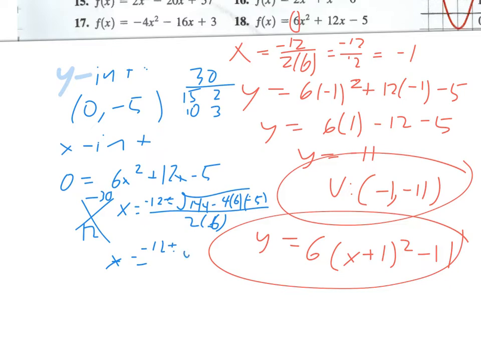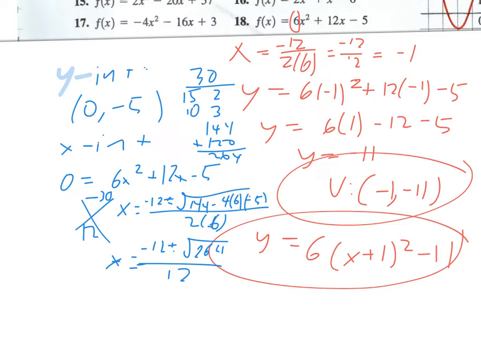So x will equal there negative 12 plus or minus the square root of. And back here I have, let's see, 5 times 6 is 30, times 4 is 120. So 144 plus 120 would be 264. That's all over 12.